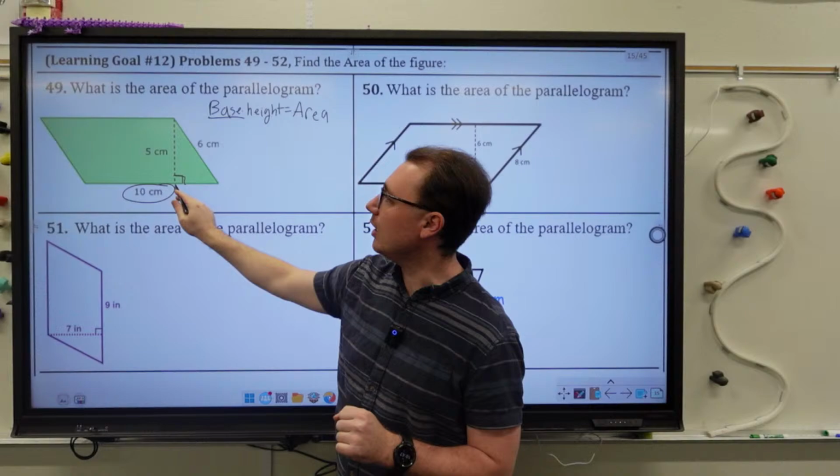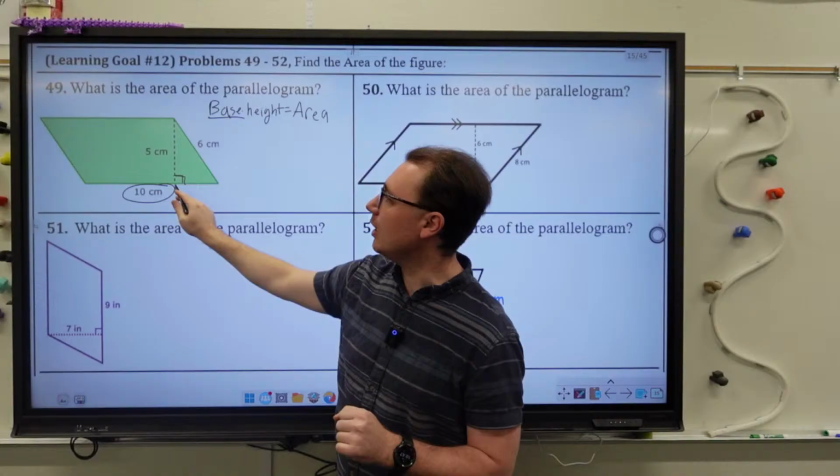So we do 10 centimeters times 5 centimeters to find the area. We just take this 5 times 10 here, and we get 50 centimeters squared, since there's 2 centimeters multiplying each other. And this here is the total area for that parallelogram.